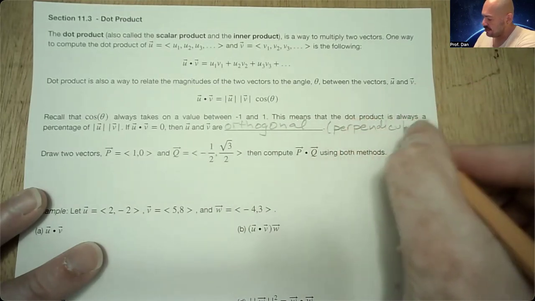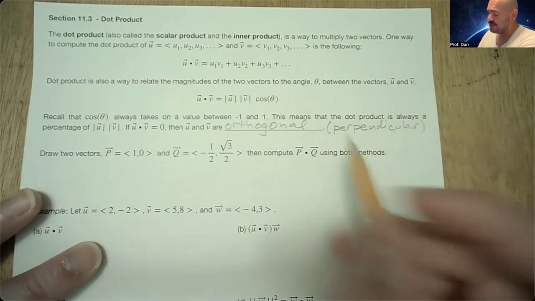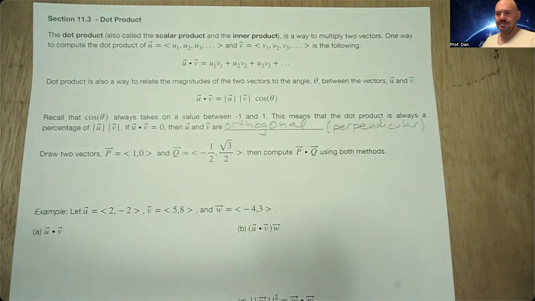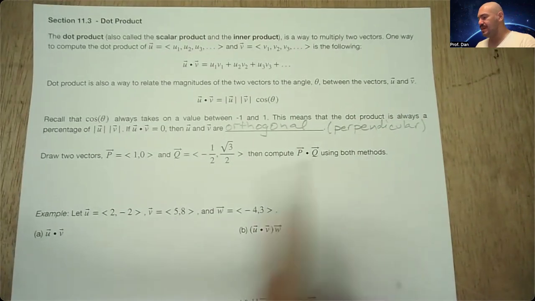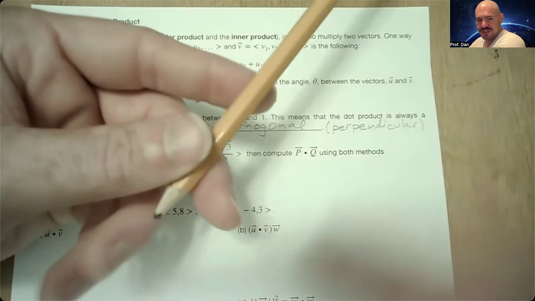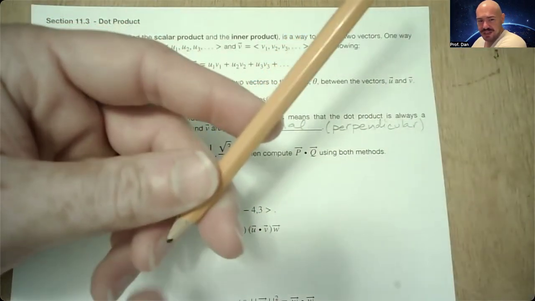What's different about it, though, is that in two dimensions, yeah, these are the same thing. But when you get past that, orthogonal is a more widely applicable term because perpendicular doesn't really tell you a whole lot in three dimensions, right? Because I can have this vector, I can be in the exact same plane as it. I can be in any plane I want.